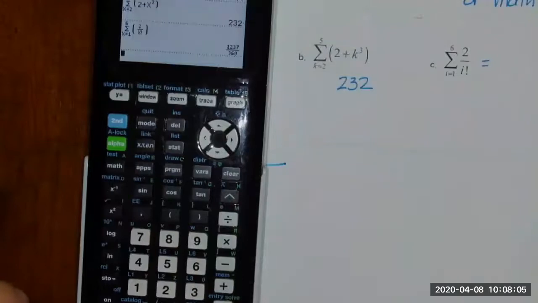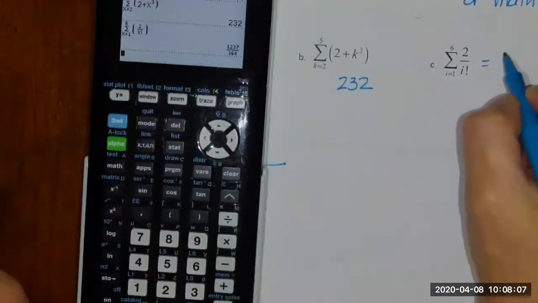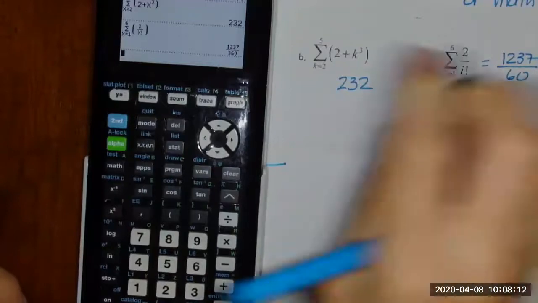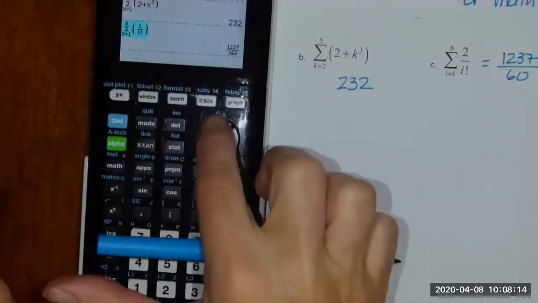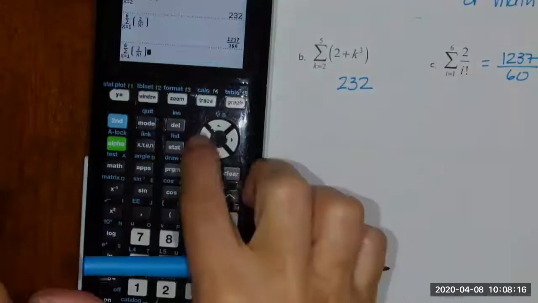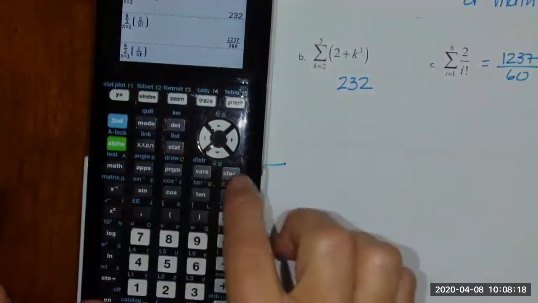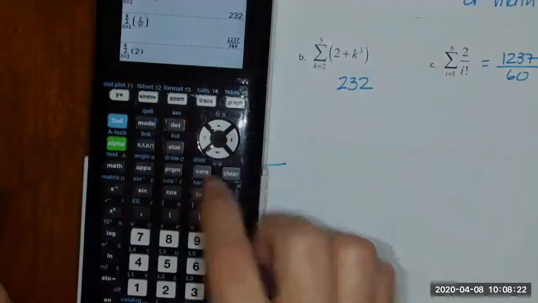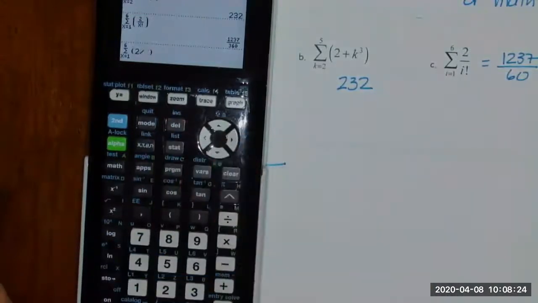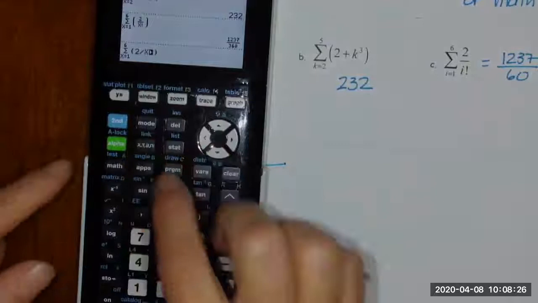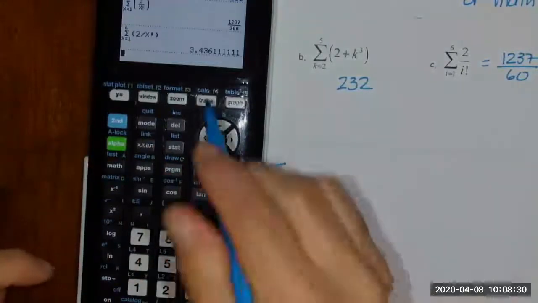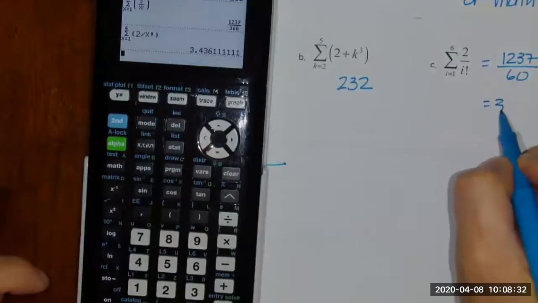And I hit enter. So mine is in a fraction. If I went back up here and I didn't use a fraction, and I did 2, and I did the divided by key, and then I do x factorial, now I will get a decimal.